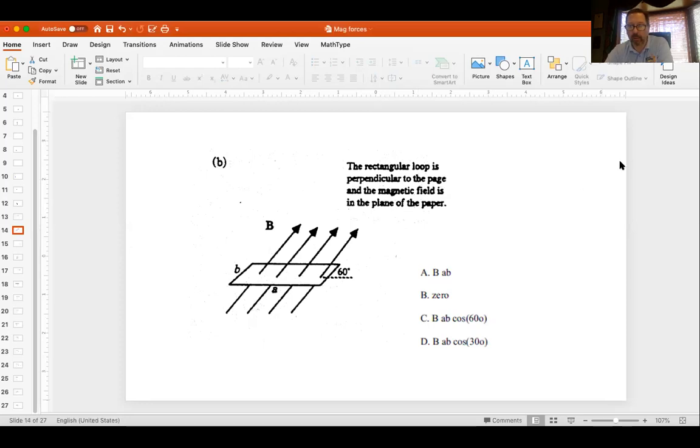All right, so here's a question. What's the magnetic flux this time? And go for it. Well, somebody's in. I don't see it on mine. So let's go back.